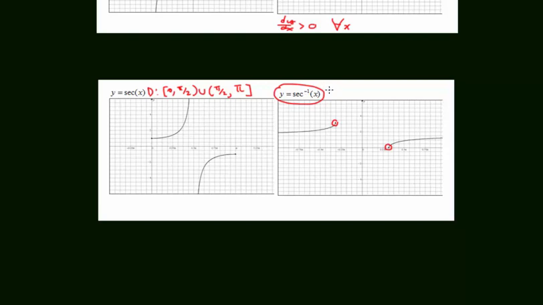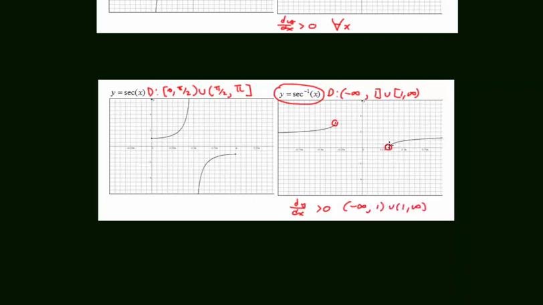The domain of the inverse secant is the range that I did not write over here, so the domain is going to be from -infinity to 1 in union with 1 to infinity. And the important part here is that the slope is always greater than 0 as long as we're between -infinity and 1, with union 1 to infinity.